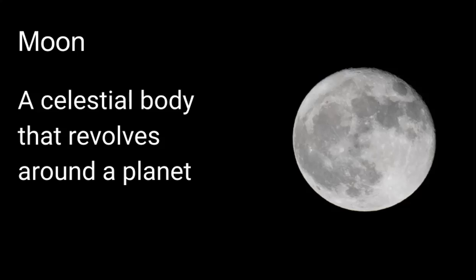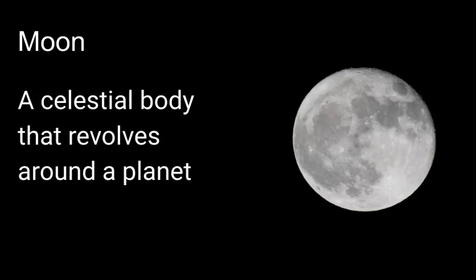We're not going to talk about that yet because we're going to explore the solar system next week. But we know that these rocky celestial bodies that orbit around planets, we call those moons. Okay. Again, make sure you're on topic here.